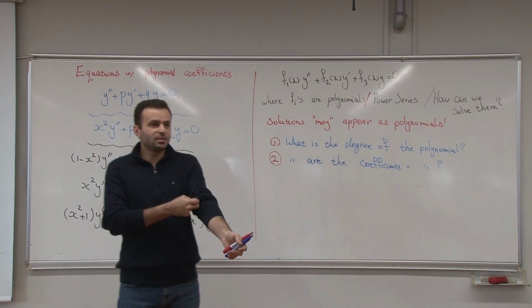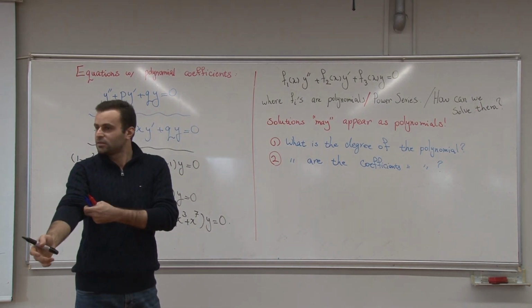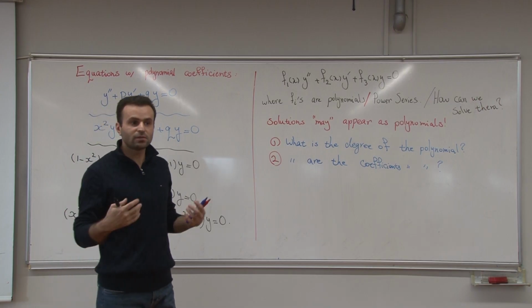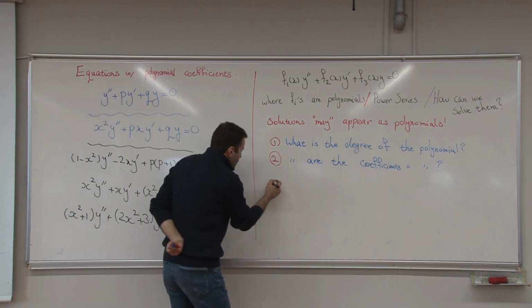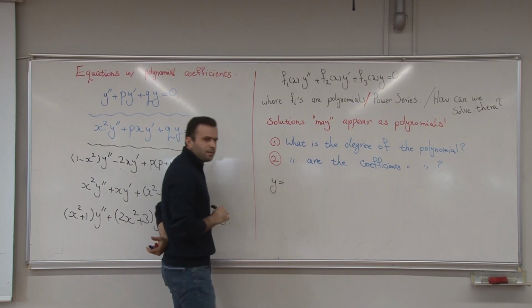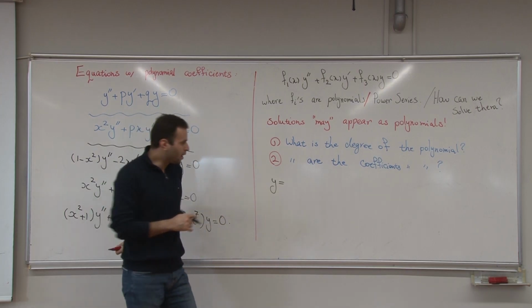This is the mathematical endeavor. We need to try to find out what is happening. What happens if I define my polynomial y in this form?